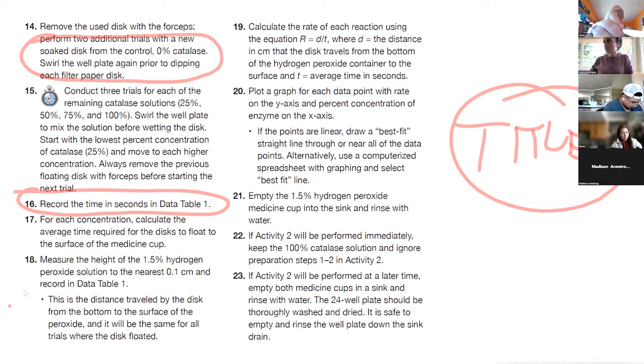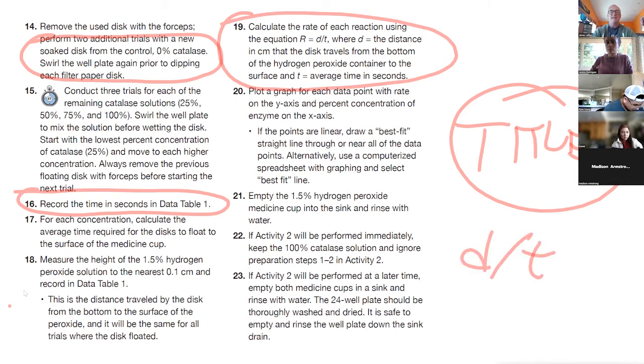So calculate the rate of each of those reactions, where D is the distance, T is the time, and so the rate will be distance divided by time. And then we're going to make some plots. So remember, we did the plotting lab the very beginning. So what we're looking for is a plot of concentration on the y-axis.